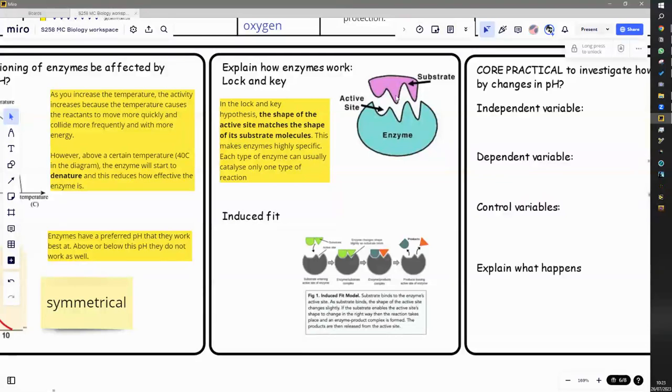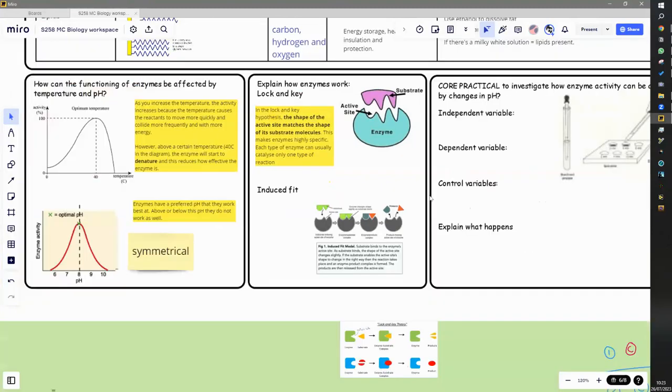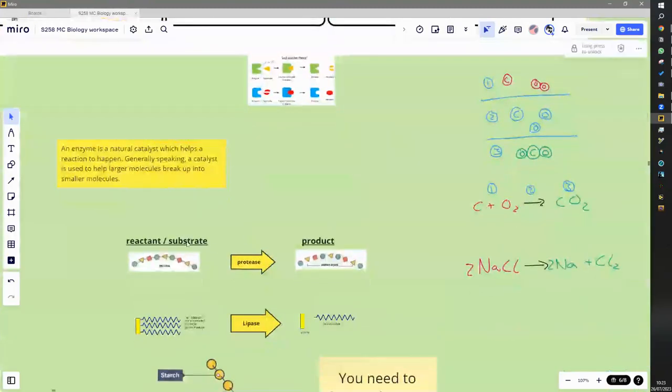The substrate would be the reactant, because we are breaking apart something, and the thing that's broken apart becomes the product. We're describing a reaction here. Something is starting off as something and becoming something else. The bit at the start is the reactant, and the bit at the end is the product.